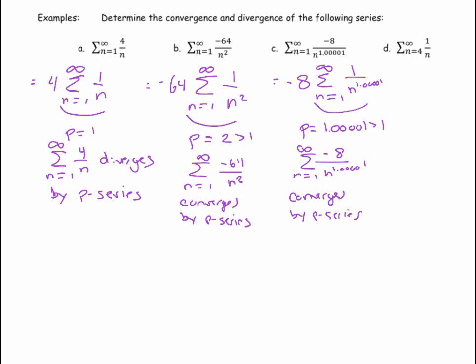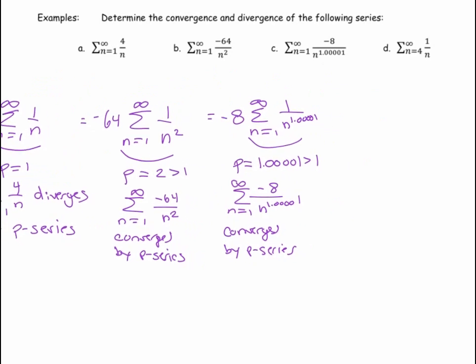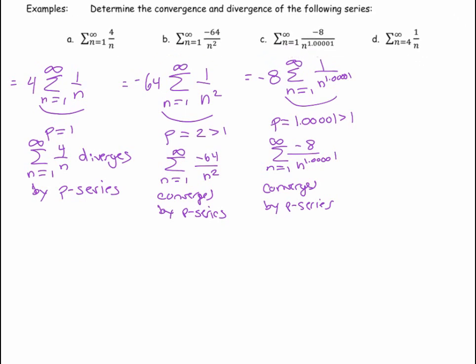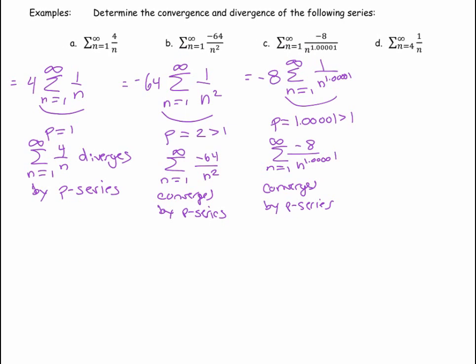And part D, the point I want to make is that this series starts at 4, which basically means that we're just missing the 1 plus a half plus a third. But that's not going to make any difference in terms of the behavior of the overall series, right?